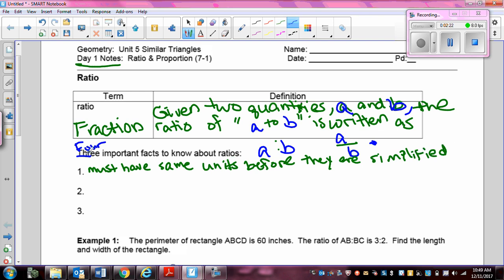Number 2, they should be written in simplified form. So if it's like 3 divided by 6, you can simplify that to 1/2, and we'll always use the simplified form.